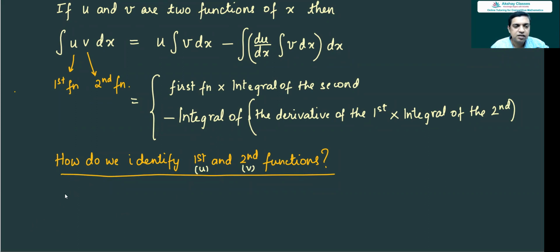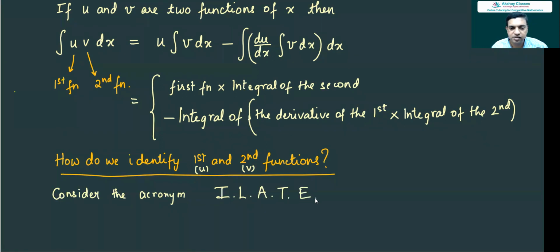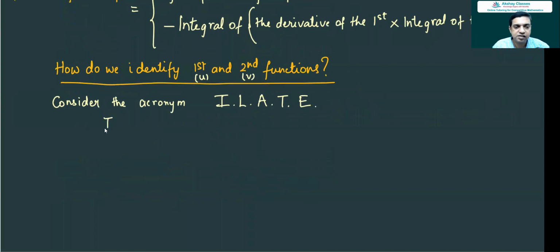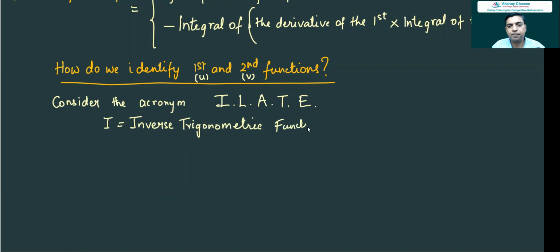Which in the product should be u, which should be v? So consider the acronym ILATE. I stands for inverse trigonometric functions. L stands for logarithmic functions.